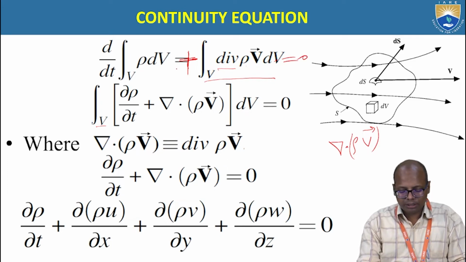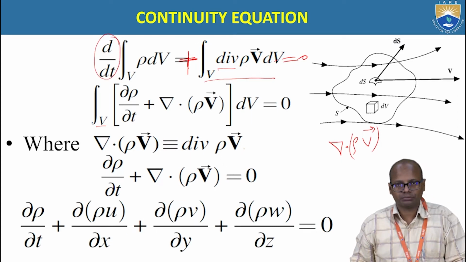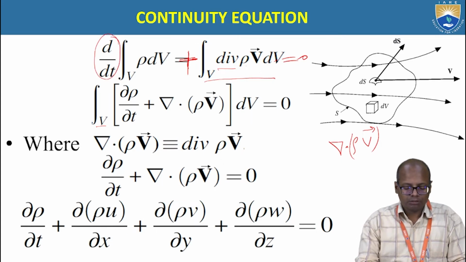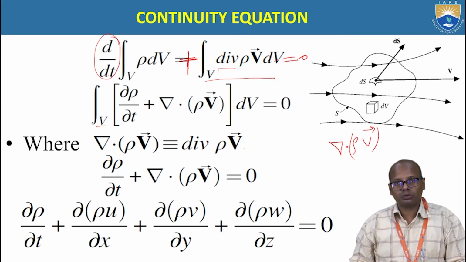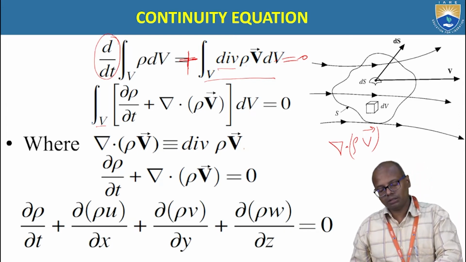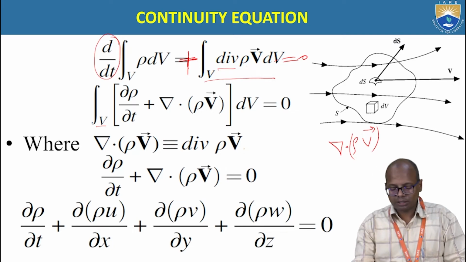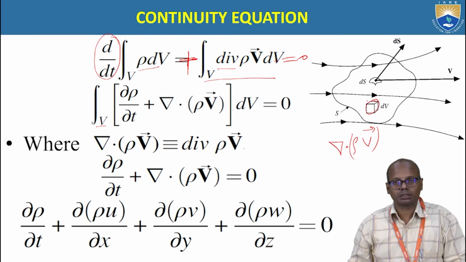Now if I bring this differentiation term inside, okay, how can we do this? At this rho dv, this is a small volume here, okay.